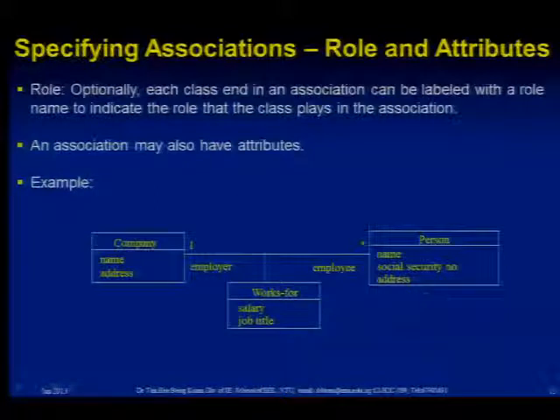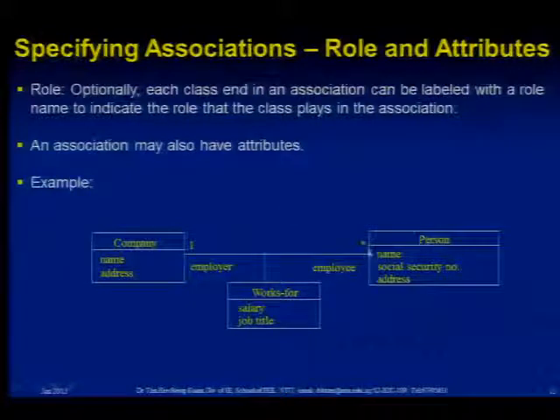For a binary case, that means each object of this class, that is, each person, works for exactly 1 company. Each person is associated with exactly 1 company in this case, because we always have to reference objects of the other classes. So each person works for exactly 1 company. That is the meaning of this multiplicity.